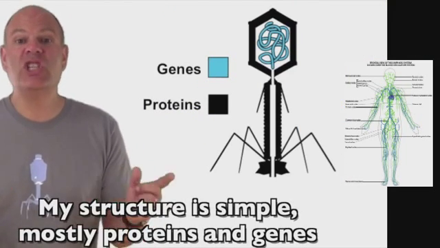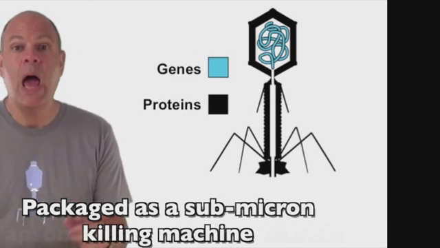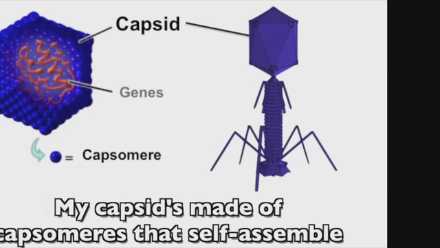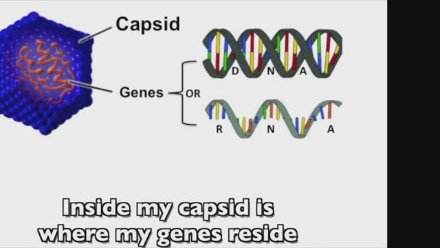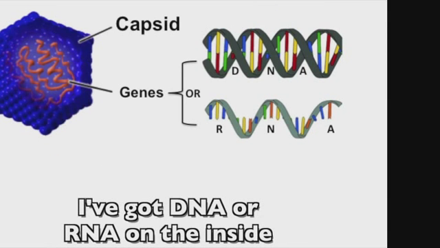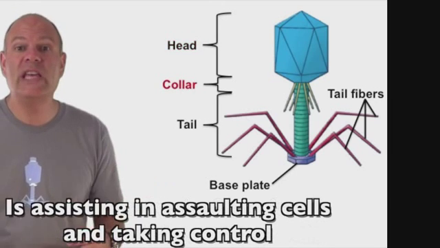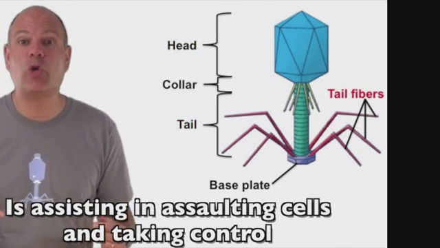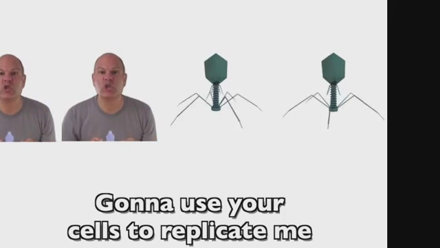The structure is simple, mostly proteins and genes, packaged as a sub-micron killing machine. A capsule's made of capsules and self-assembled. Whenever cells see me, it starts to tremble inside my capsid is where my genes reside. I got DNA or RNA on the inside, and the rest of me is various proteins. Its role is assisting in assaulting cells and taking control. I'm a virus, controls your cells around within.